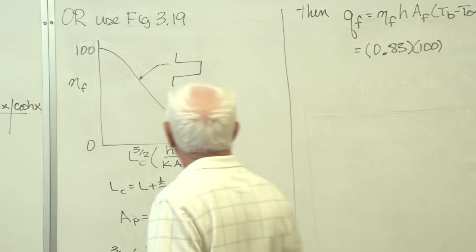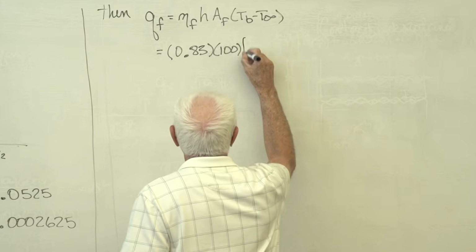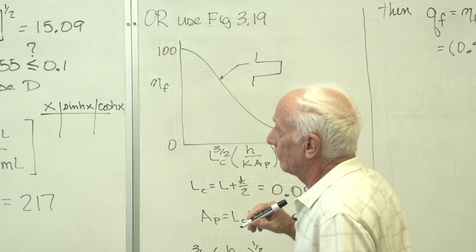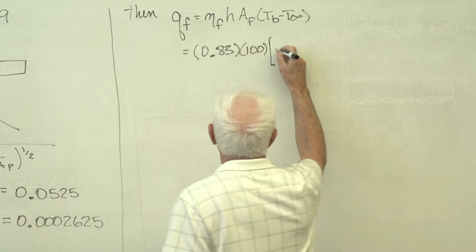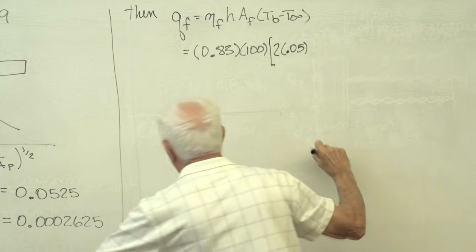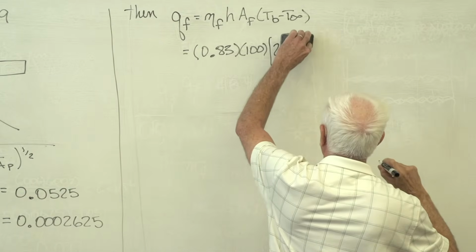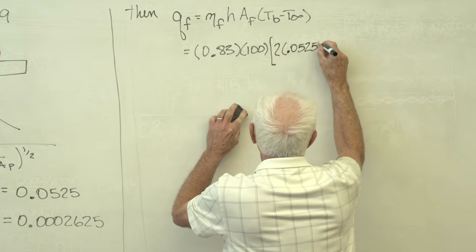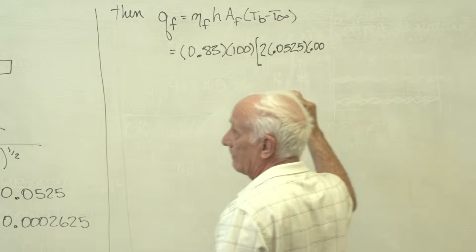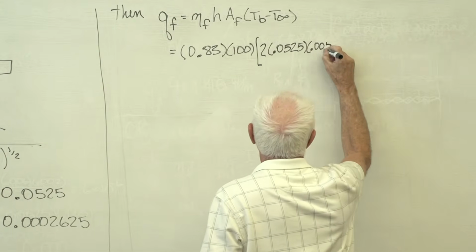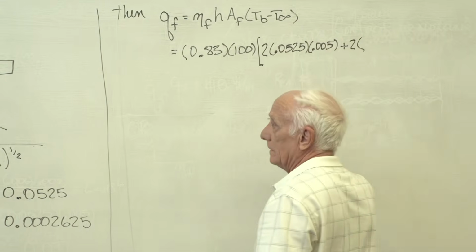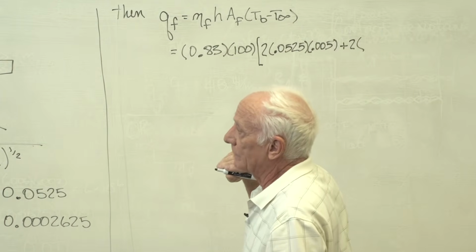Area of the fin touching the air, the front and the back, 0.05 times 0.0525, and then we have a half of a centimeter plus top and bottom, top is 0.05 times 0.2.